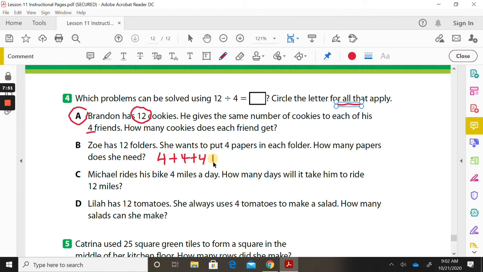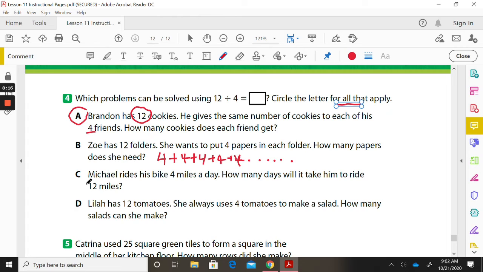I could keep doing that 12 times. I don't think that's really what I'm looking for. I don't think I'm dividing 12 folders. So I really don't feel like this would be the correct one. So I'm not going to circle B.